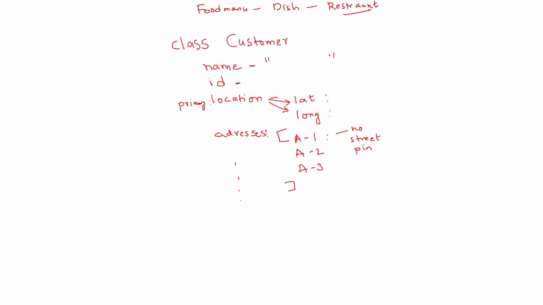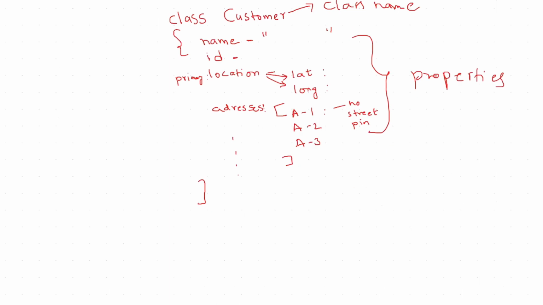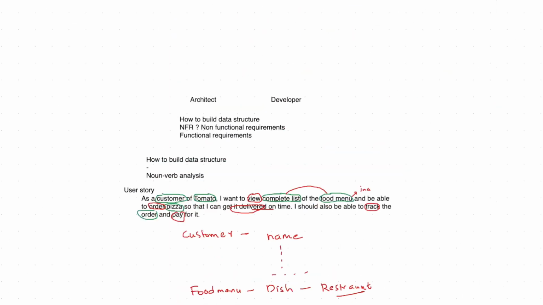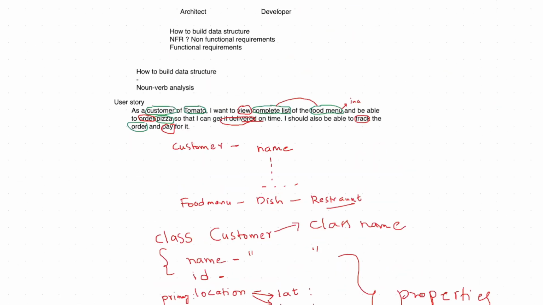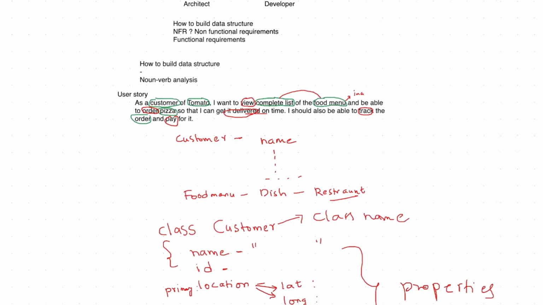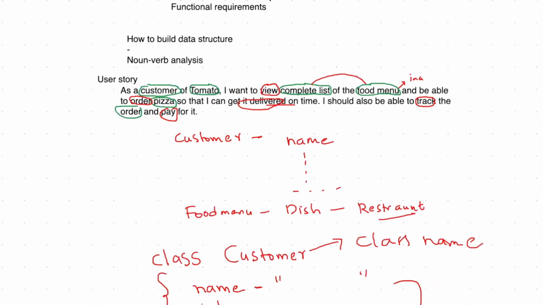And now, this is your class name. These are all your properties. We just talked about a class and properties. We were talking about nouns and all. But how about these verbs?